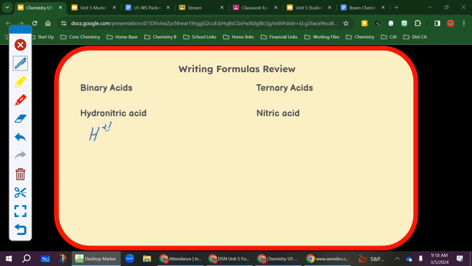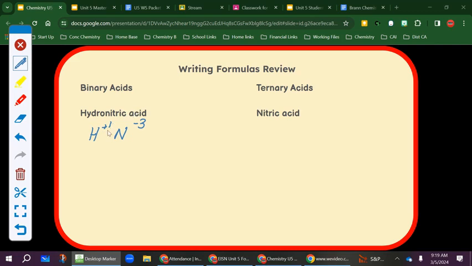So now we're going to put hydrogen with nitrogen. Now, according to the periodic table, nitrogen has what charge? -3. Wouldn't it be nitrate? No. You're getting ternary and binary confused. We're going to get to that in a minute, Cynthia.